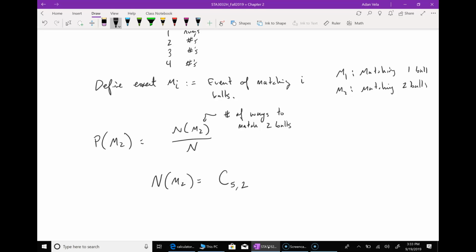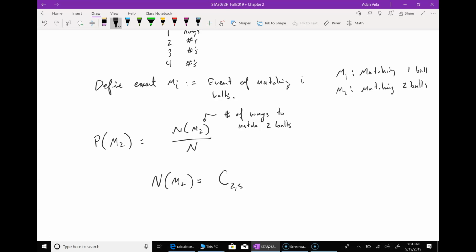Why does that feel backwards? Yeah, it is backwards. Smaller number goes first. Okay. 5 choose 2.